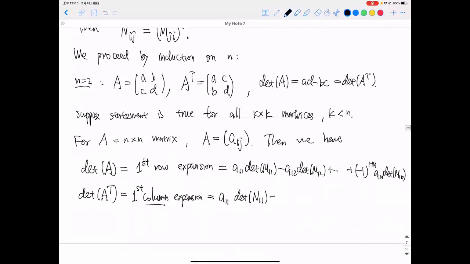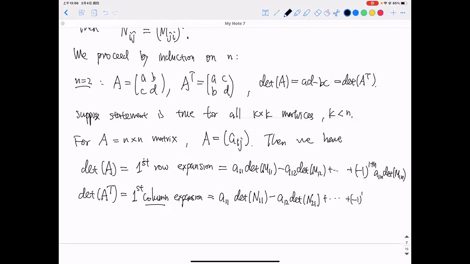Now the next term, we're moving along the first column of A transpose, but the first column of A transpose is the first row of A. So the next term is actually A12 times N21, since we are moving along this first column, and so on.